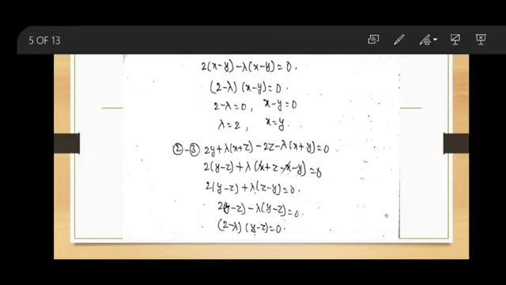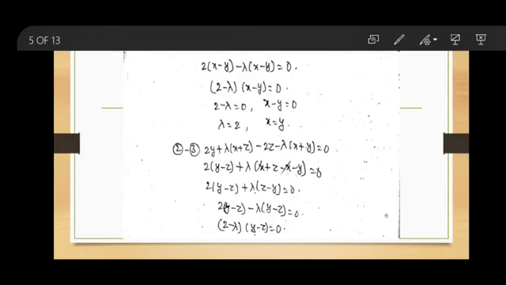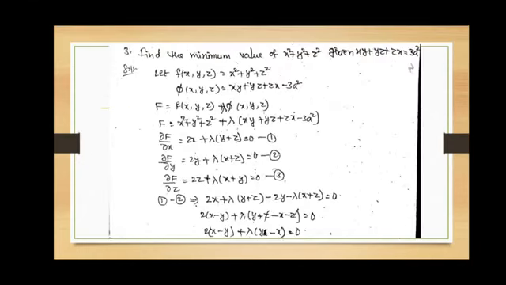If we take equations 2 and 3, we subtract 3 from 2. So we write 2 minus 3. Equation 2 is 2y plus lambda of x plus z, minus equation 3, that is 2z.